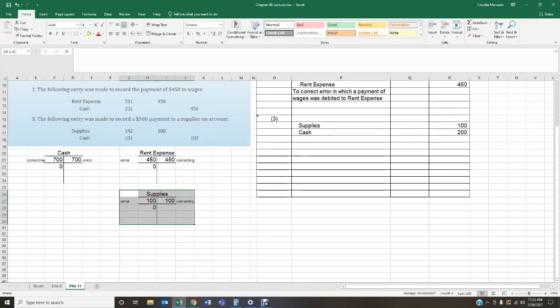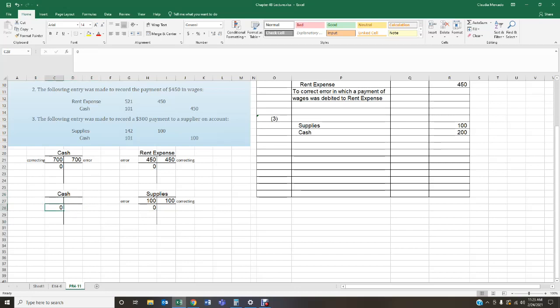Okay, let me do this entry over here just so we can have an idea of what it should look like. So, cash. The error was that we credited it.